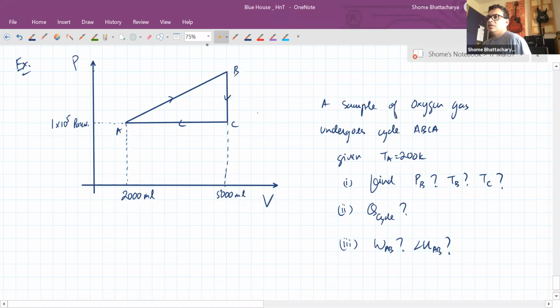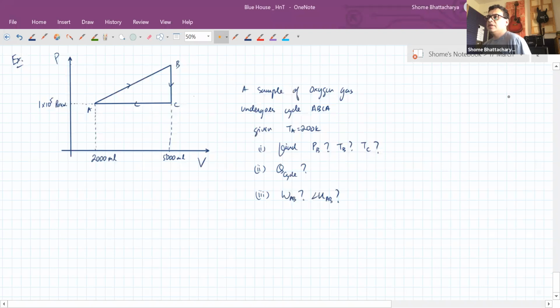So there's a slight issue in the question actually, because the graph is not exactly showing that.